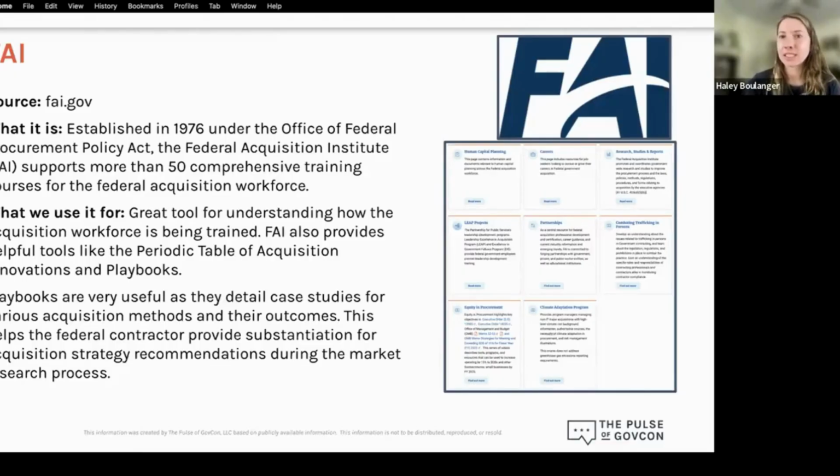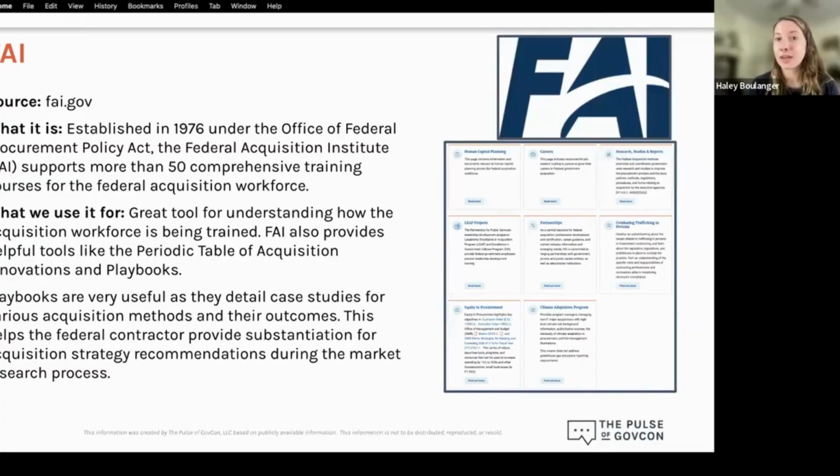It was established in 1976 under the Office of Federal Procurement Policy Act. FAI supports over 50 comprehensive training courses for the federal acquisition workforce. We like to use it for understanding how the acquisition workforce is being trained on the government side. FAI also provides helpful tools like the periodic table of acquisition innovations and playbooks.